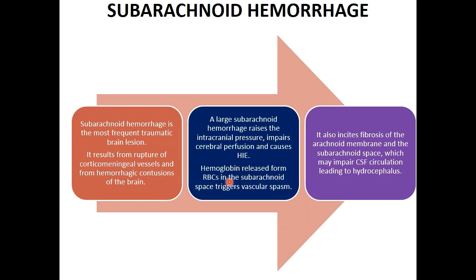Hemoglobin released from the RBCs in the subarachnoid space triggers what is called vascular spasm. It is to be noted that this subarachnoid hemorrhage characteristically incites fibrosis of the arachnoidal membrane, and there is fibrosis of the arachnoidal granulations, as a result of which there is impairment of the CSF circulation, resulting in characteristic hydrocephalus, okay, and a raised intracranial pressure.